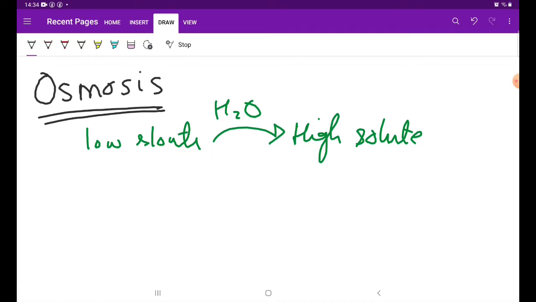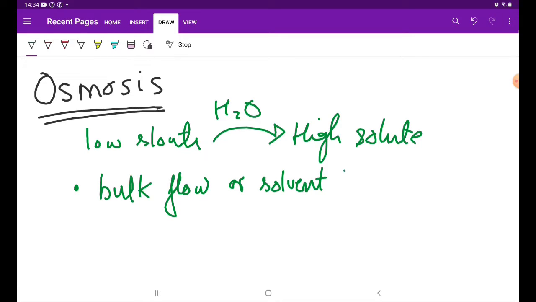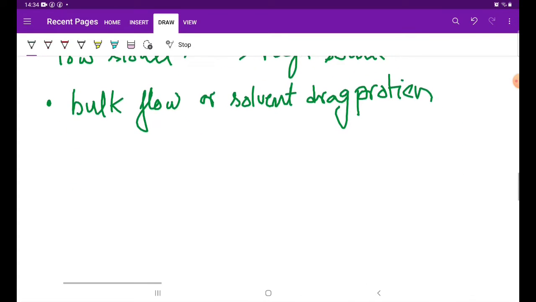Now, there's one important phenomenon which you can see here. It's also called solvent drag or bulk flow. The reason is simple.